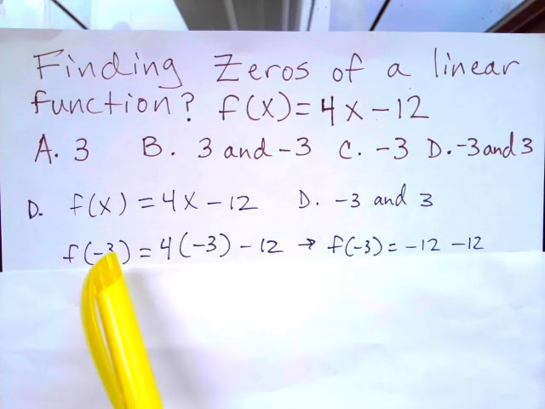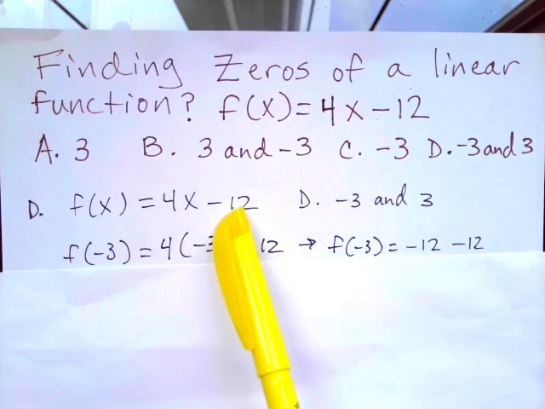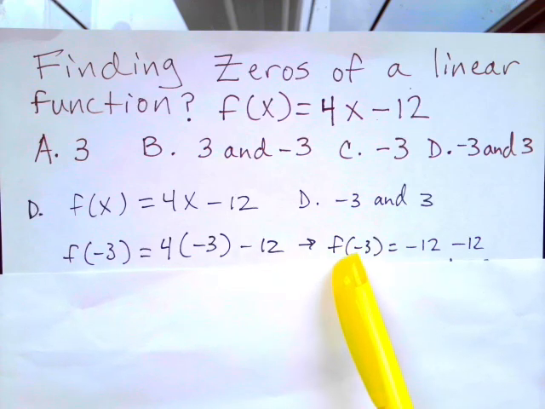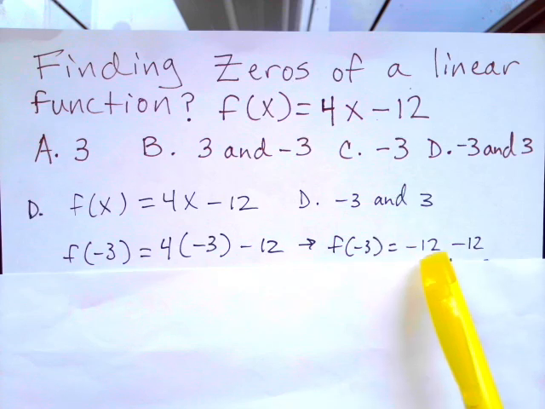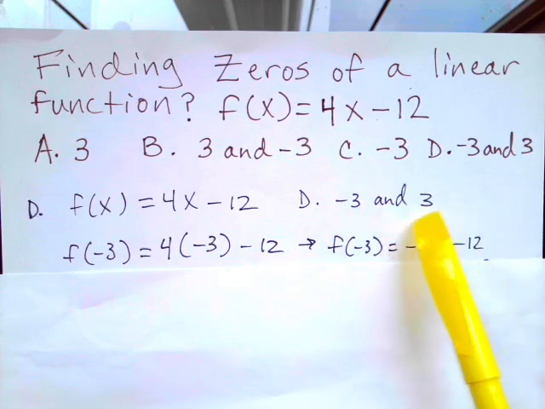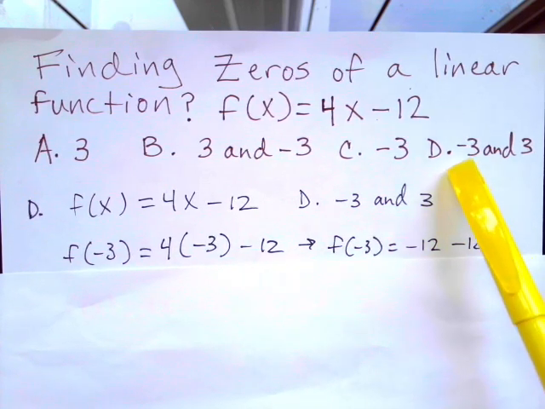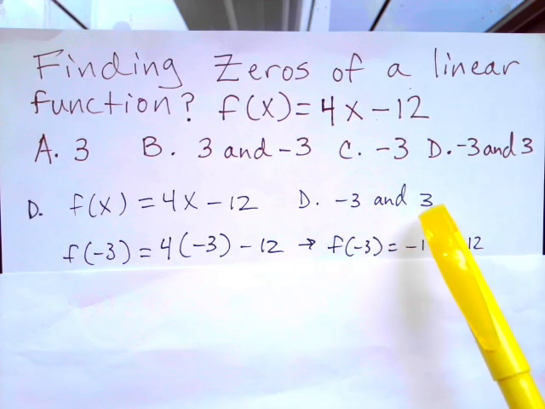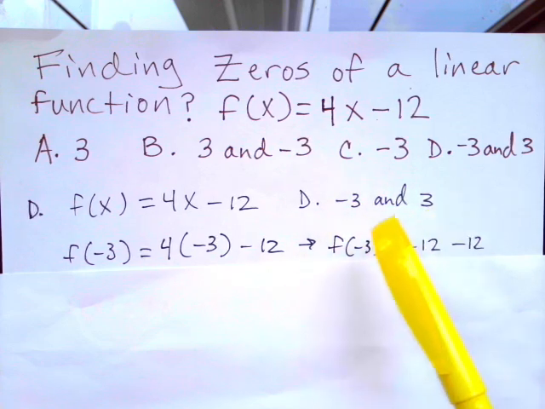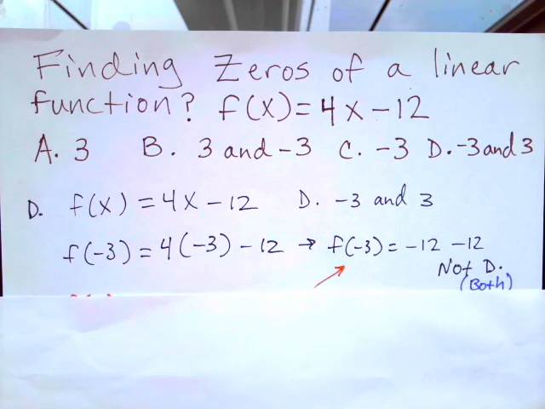F of negative 3 is 4 times negative 3 minus 12. F of negative 3 equals negative 12 plus a negative 12, which does not equal 0. Is this a zero of the function? No, it's not a 0. So negative 3 is not an option, and I don't even have to try the positive 3. Remember, it's got to be both in order to be a correct answer. So nope, not D. You need both.